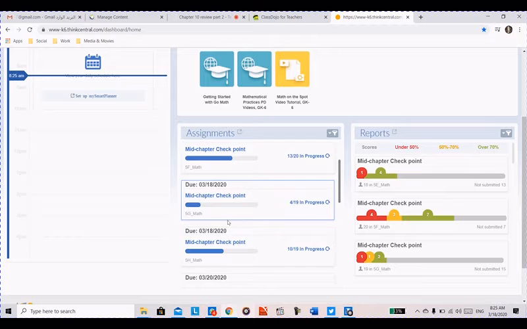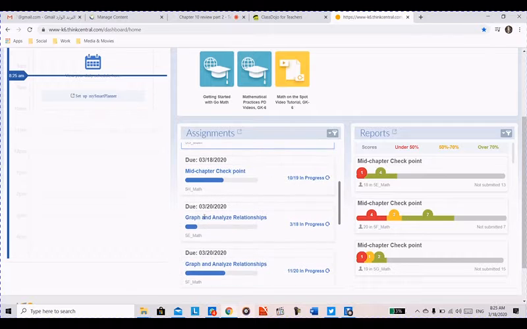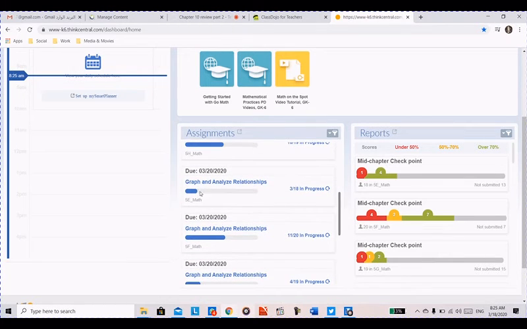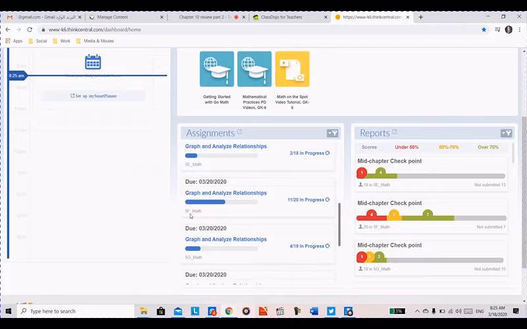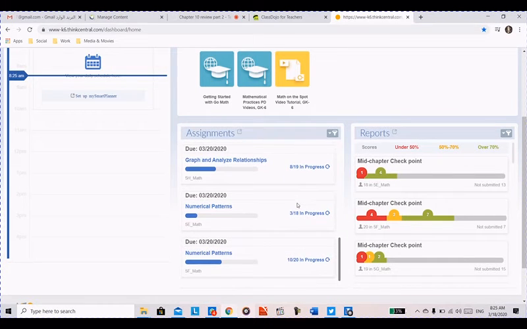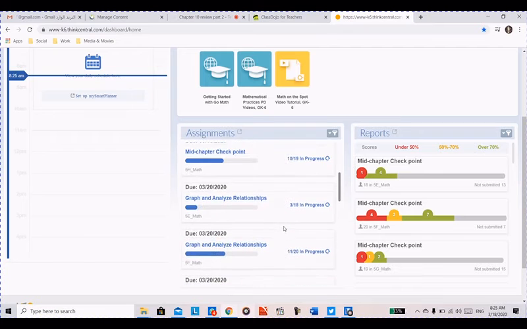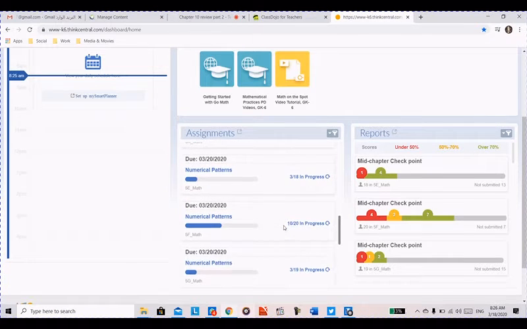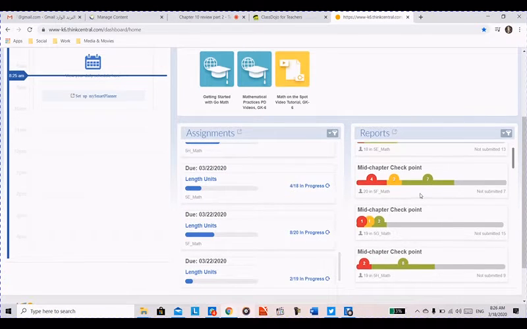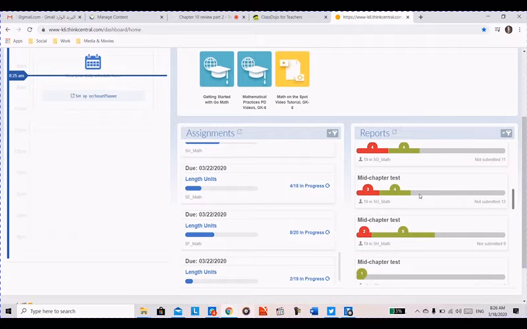Okay, 5G, we have 4 out of 19. 5H, 10 out of 19. 5E, 3 out of 18. 5F, 11 out of 20. Okay, and all your homeworks in front of me here, and all your reports in front of me.